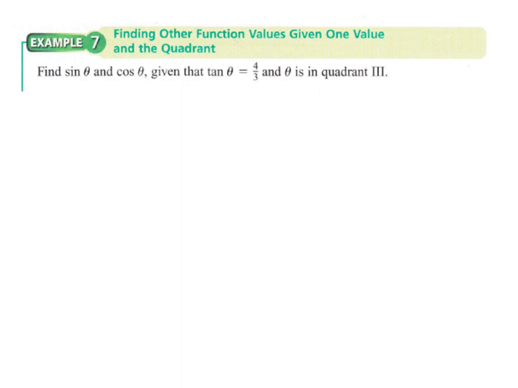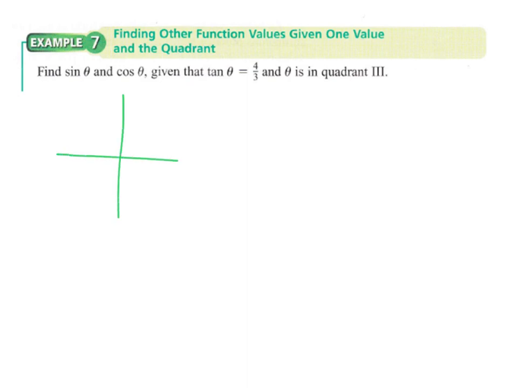So here's another problem. Given the tangent is 4/3 and we know that theta is in quadrant 3, find, in this case they just want the sine and the cosine. Again, we could use some of those identities we just went through. For me though, at this point I think I would rather just draw a little picture of this.